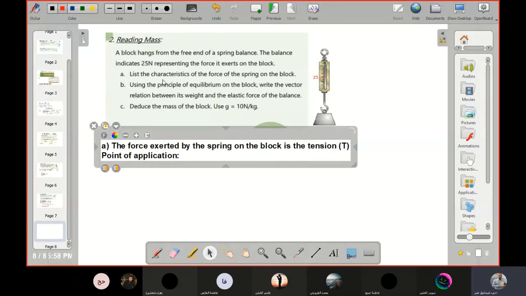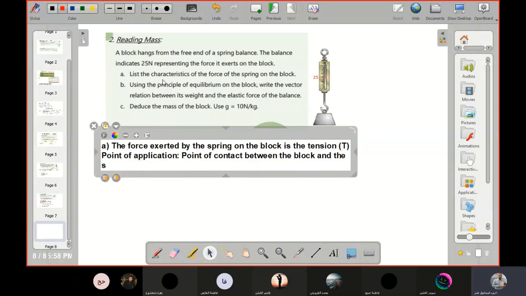Israa Shashou. So the point of application is the point of contact between the block and the spring.